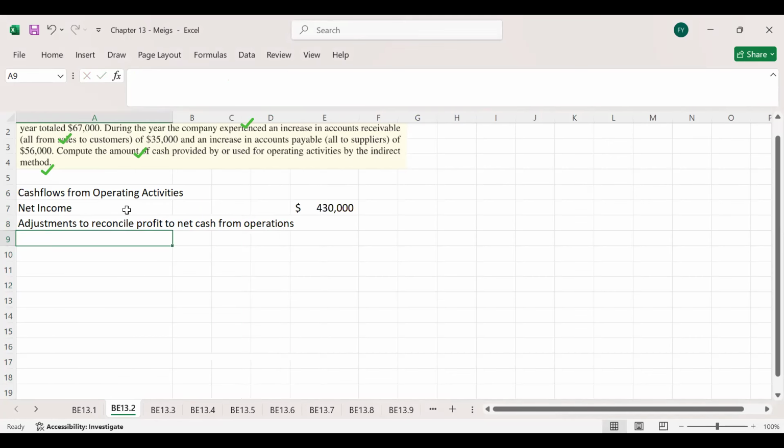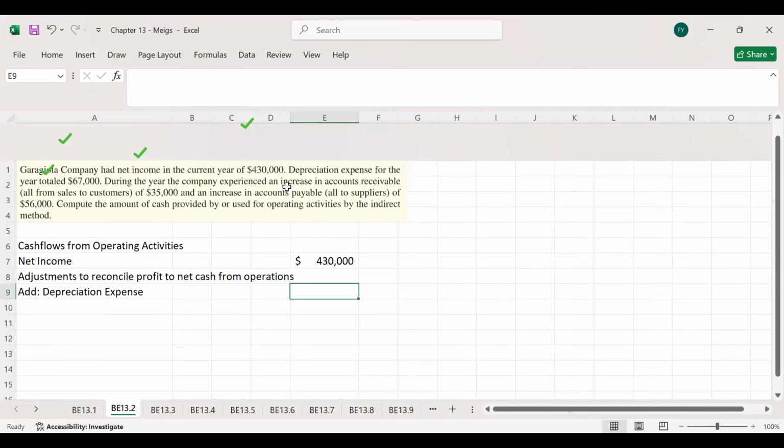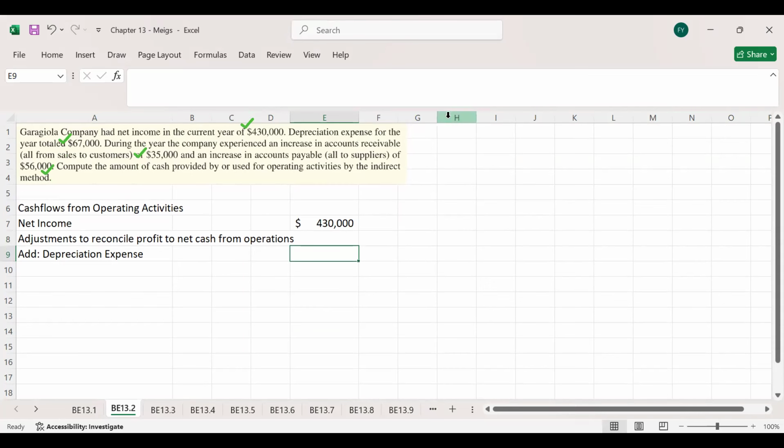Next, we have a non-cash expenditure, which is depreciation. So we add back depreciation expense, or if we have any amortization expense, then we add that as well. So how much depreciation expense is there? In this problem, the depreciation expense is $67,000.